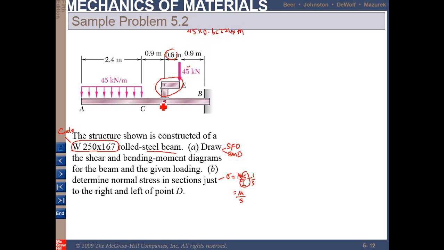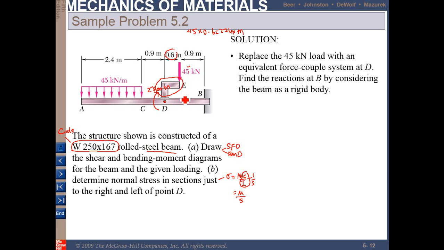This will cause a moment in this direction because the force is going downward at point E. So this is 27 kilonewton meter. Okay, so we did this one.